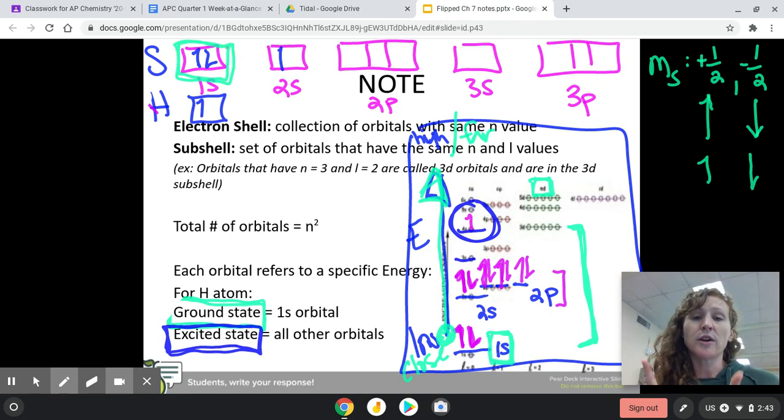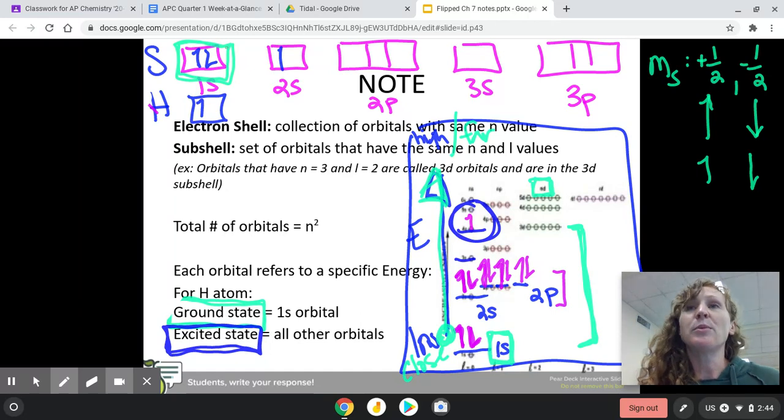The one more thing you need is the order of the orbitals. We talked about how electrons fill from low energy to high energy orbitals. Well, here's the catch: you've got to know that order. If you're going to predict how electrons fill from low energy to high energy, you need to know that order.